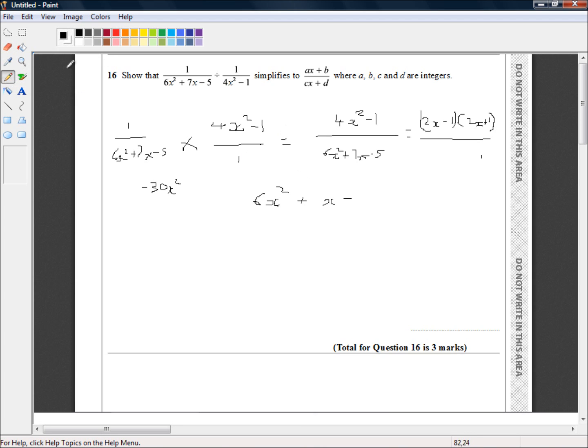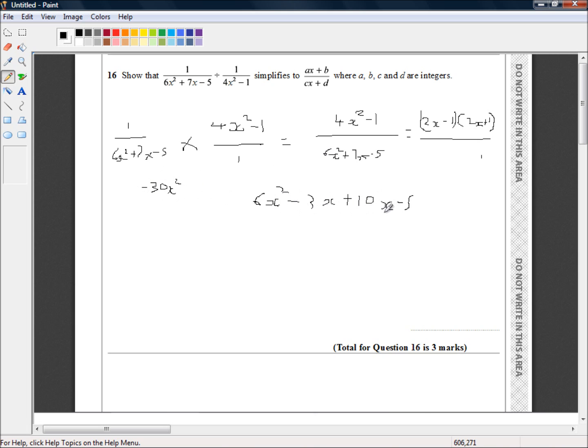So that's minus 3x plus 10x. And then I've got my minus 5. So all I've done is rewrite this expression here, and I've split this 7 into minus 3 and plus 10, because minus 3 times 10 is going to make minus 30.